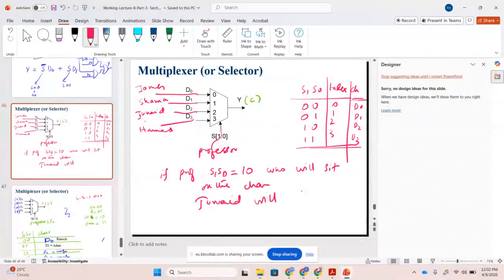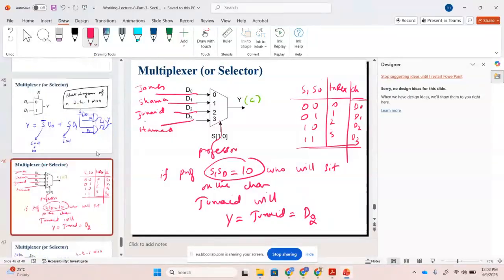So Y will be equal to Junaid, or Y will be equal to D0, sorry, D2 if S1 S0 is 10. Any question? Is it clear or not clear? Clear, Professor. Clear.